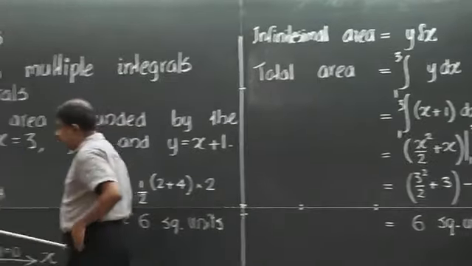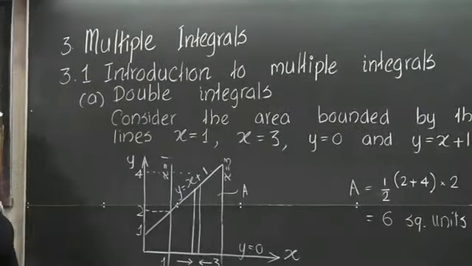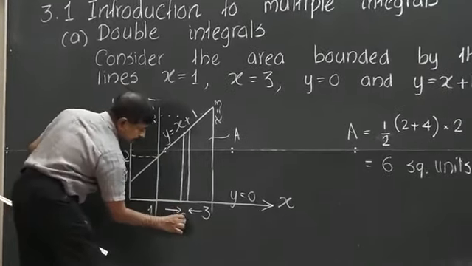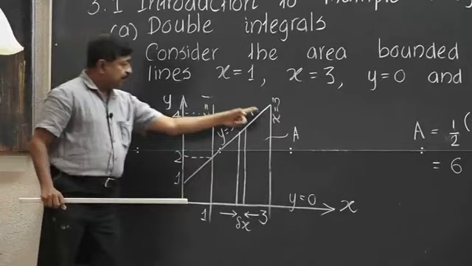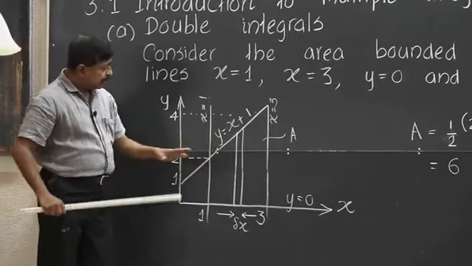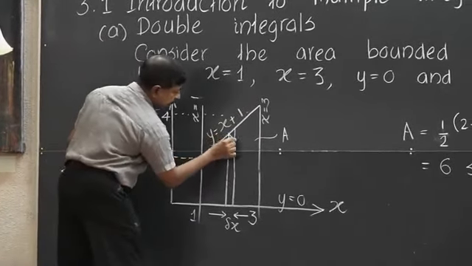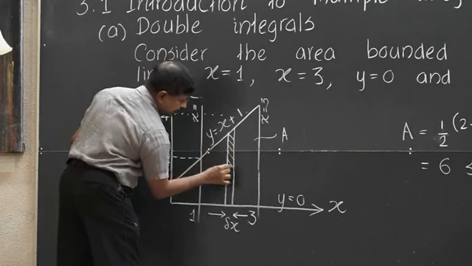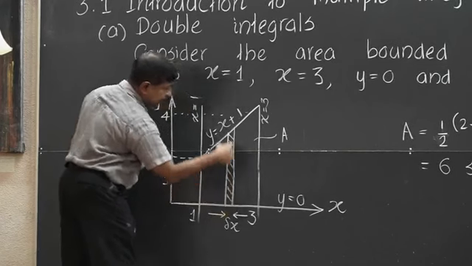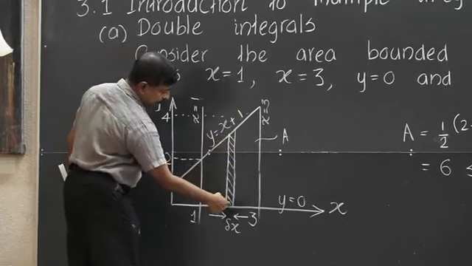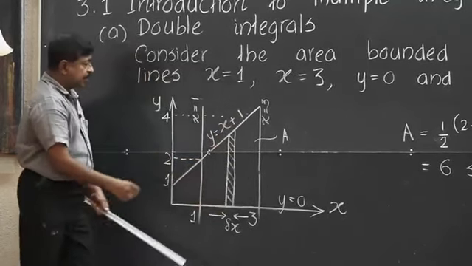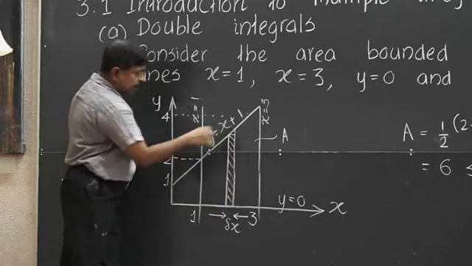Now we consider a strip whose width is delta x. So now we are going to find the area of this. We first consider the infinitesimal area. Its height is y, where y is given by x plus 1, and the width is delta x. You can consider this rectangle.